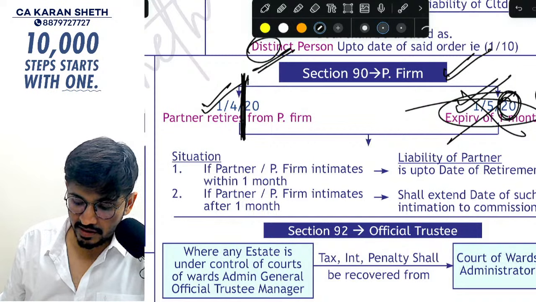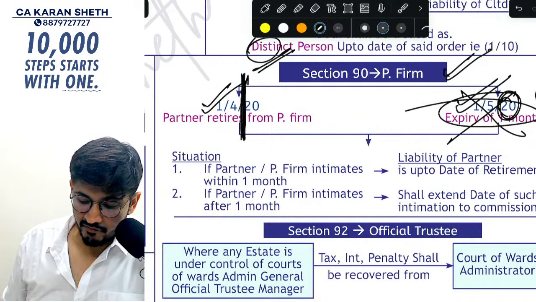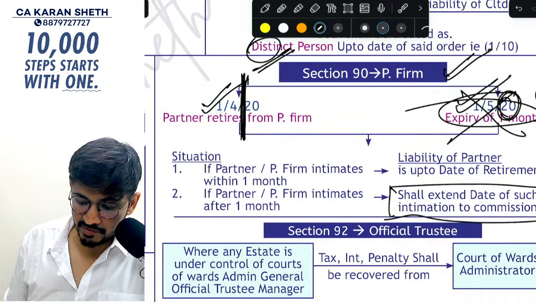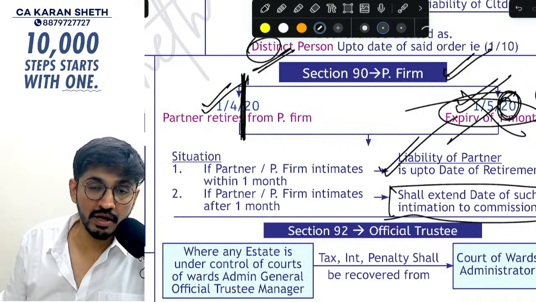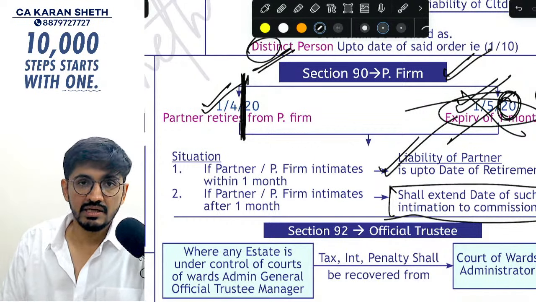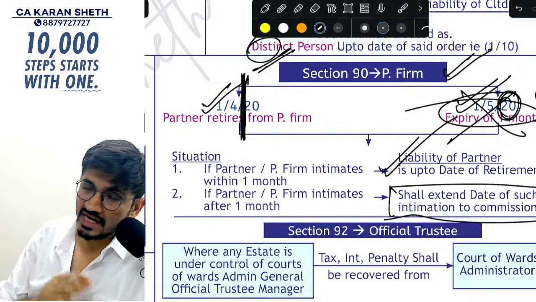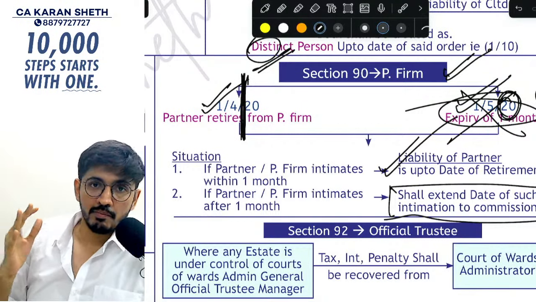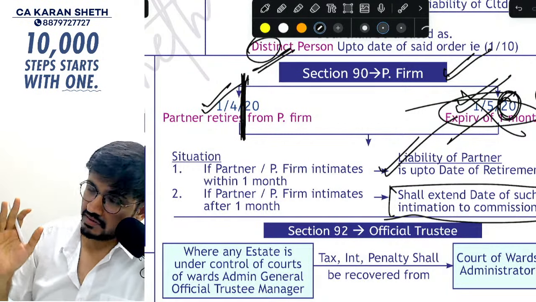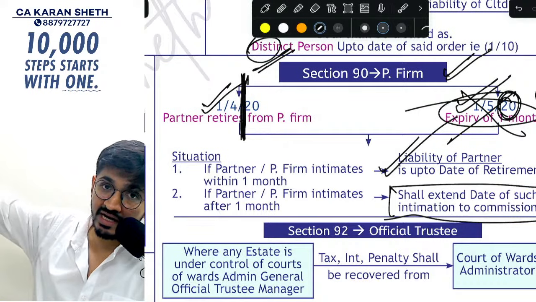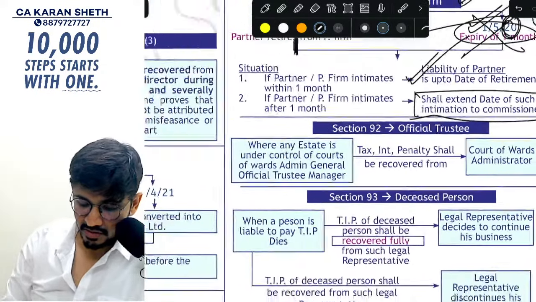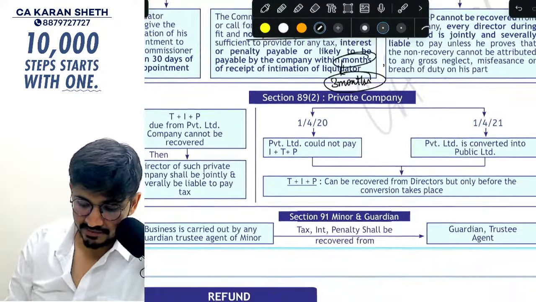Yes, unfortunately, the date when he intimates the commissioner. Are you getting it, my dear friends? Yes. But if you inform within 1 month, the date of retirement is the date when his liability stops. But if he extends, then it will be extended to that day when he intimates. Okay, so make sure that you do that.